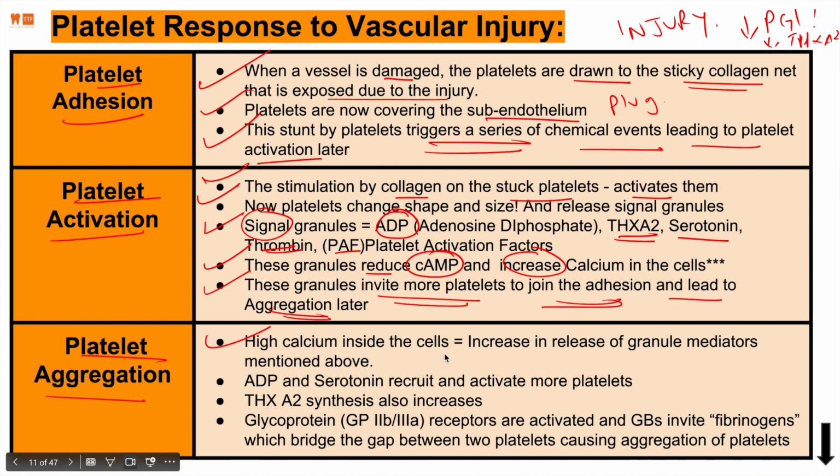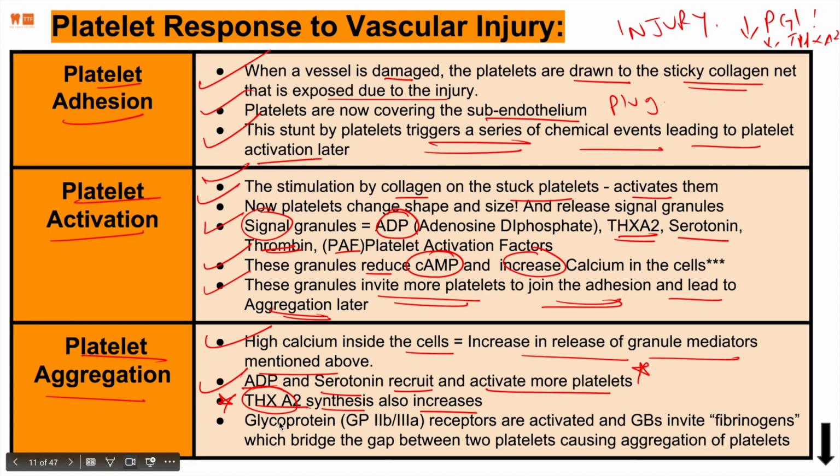Whenever there's high calcium inside the cells, there's an increased release of the mediators mentioned above. ADP and serotonin, their job is to recruit and activate more platelets. Thromboxane A2 synthesis also increases. Now, thromboxane A2, very, very deep and very important molecule, and we will talk about this very particular mediator in detail in the future slides.